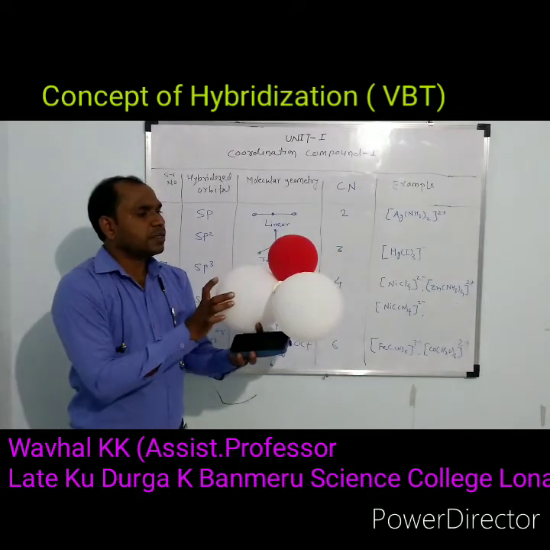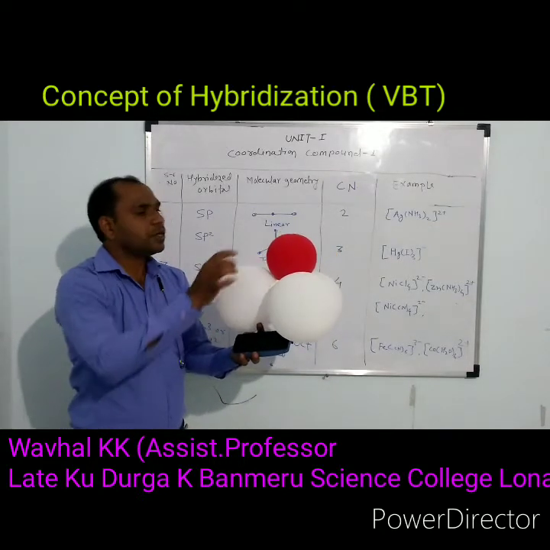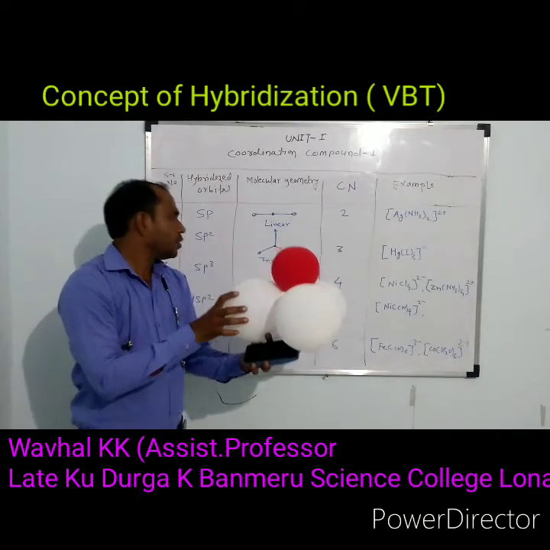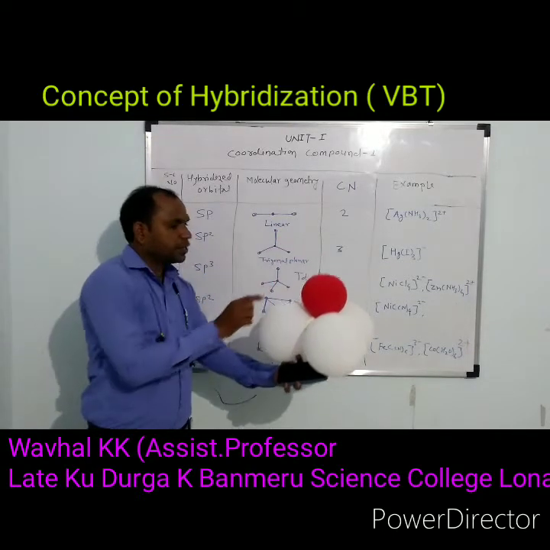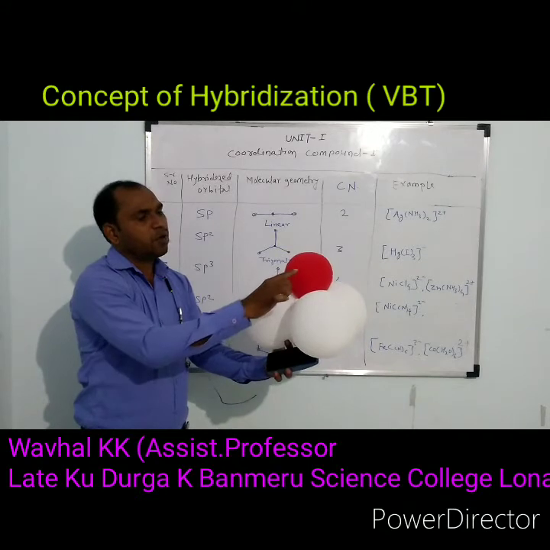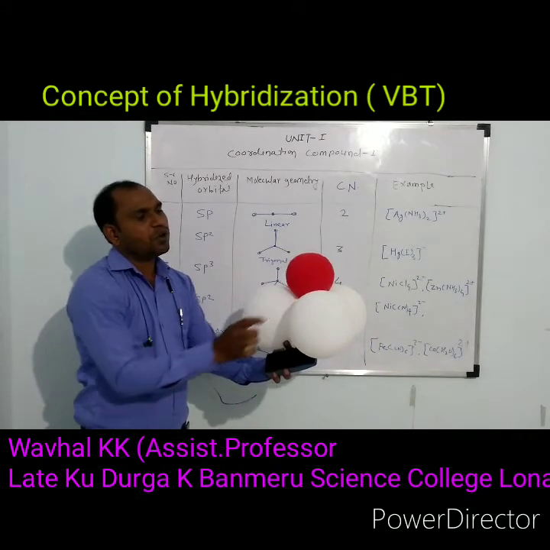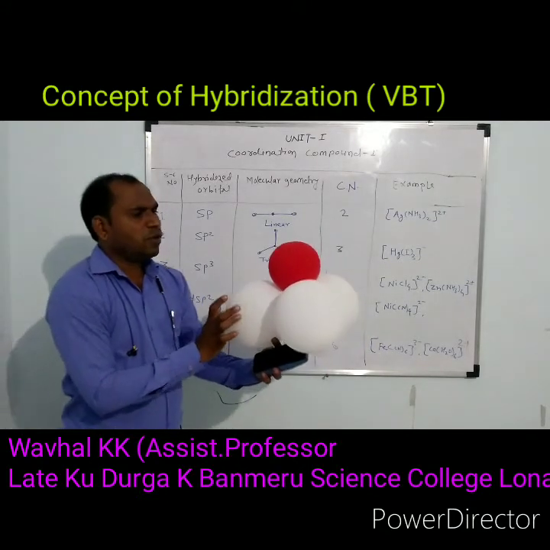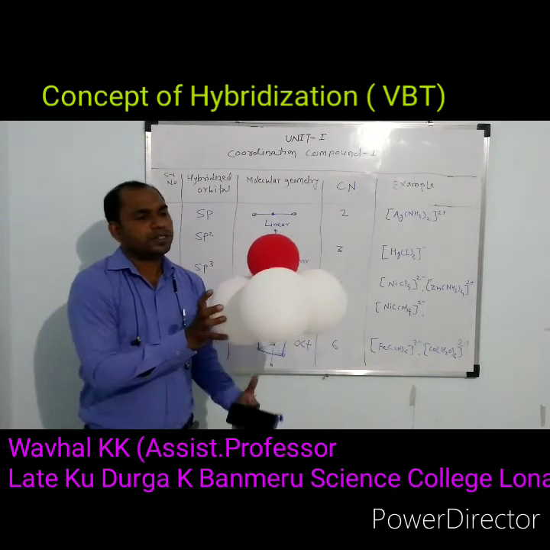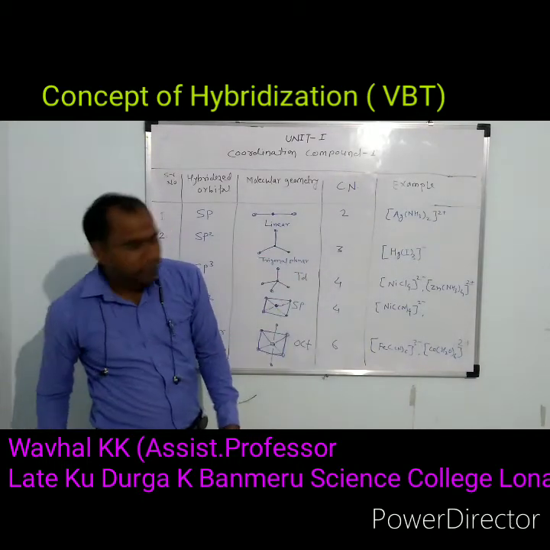This is the structure of the tetrahedral geometry. Same, see here, this structure and this structure are the same. The bond angle between two orbitals is 109.5 degrees. This is the third type of geometry.